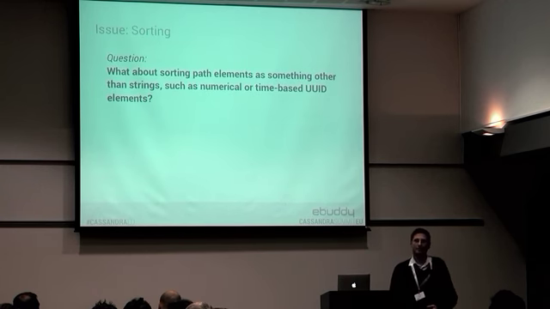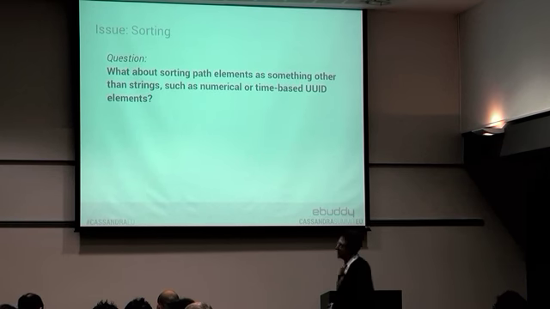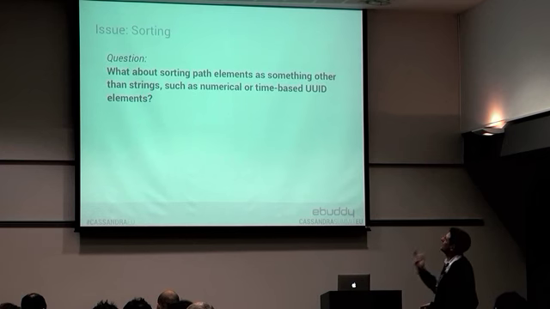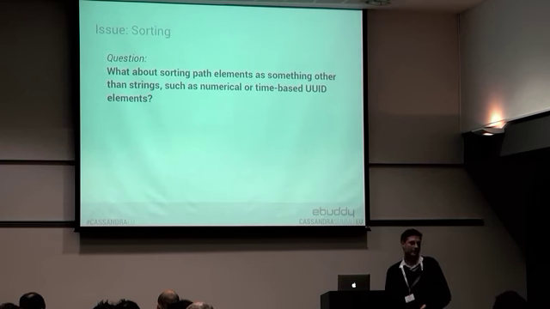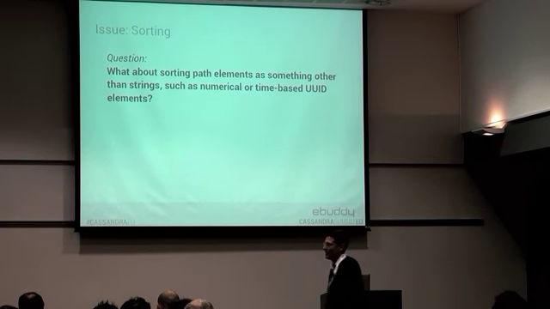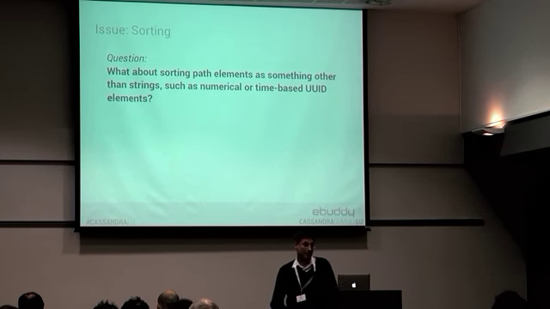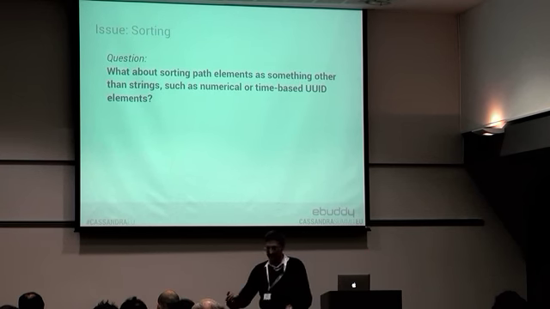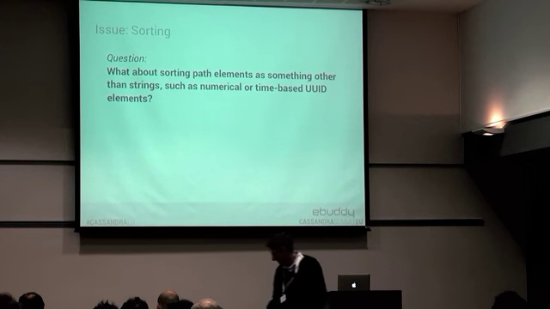Sorting. What about sorting path elements as something other than strings? Say you want a path element to be numerical or time-based. Perhaps you store it in a sorted map or something, and you want the data to come out in the right order.